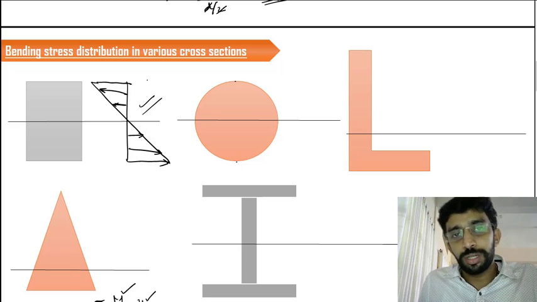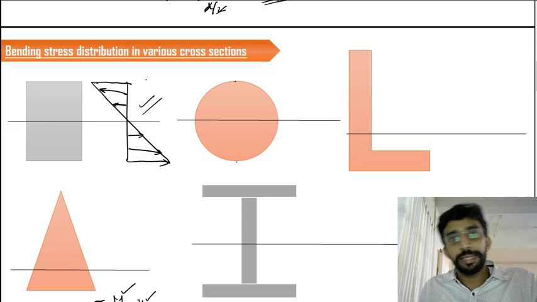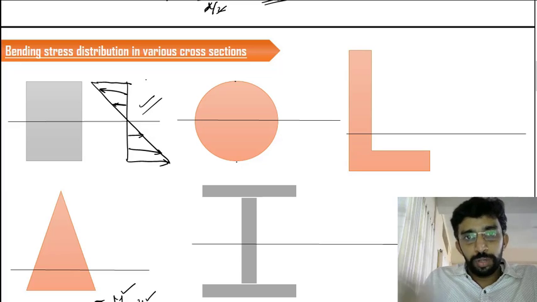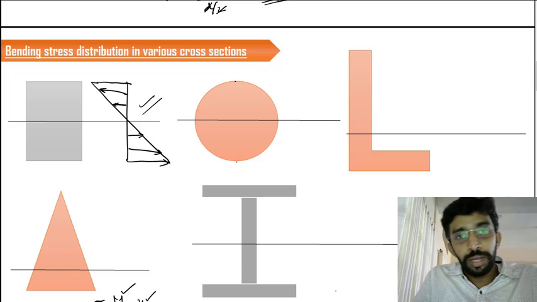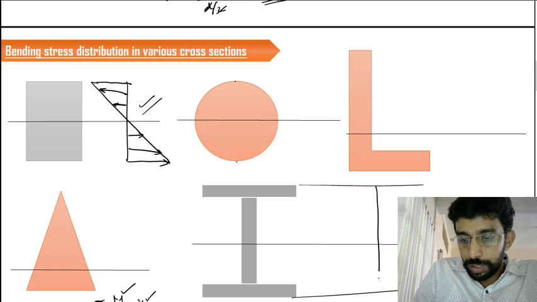Now, what is the difference when we move from the square or rectangle or circular cross section to the L section? Before moving into the L section, let us discuss the I section. If you look at the I section also, the same observation applies, because it's symmetric in nature. So definitely the bending stress also has to be symmetric.